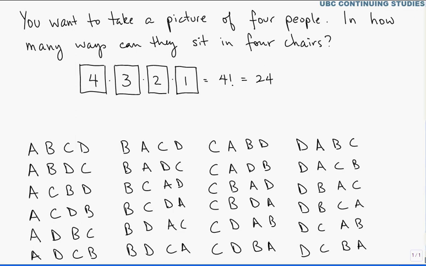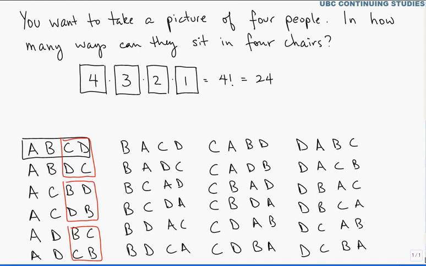All right, and then once you've got 2 of them down, let's say the first one there, A, B, C, D. Once you've got A and B seated, as it were, you've got 2 people left, C and D. And there's obviously just 2 ways you can order those 2 people. And that pattern continues all the way down, right? There's always just 2 ways of ordering 2 people. Here we're ordering B and D 2 different ways. Here we're ordering B and C 2 different ways, etc.